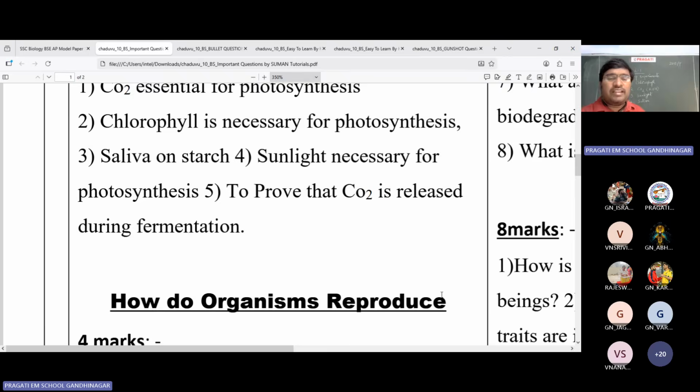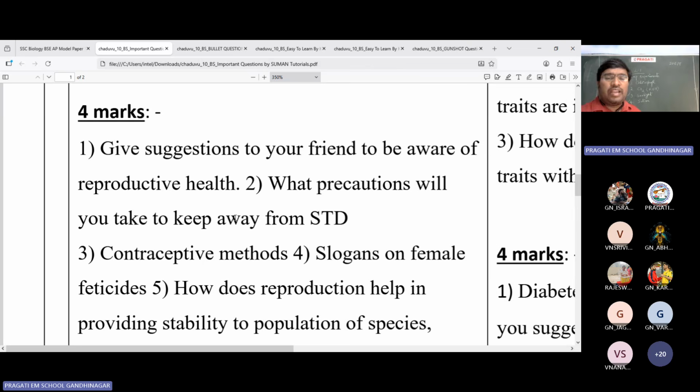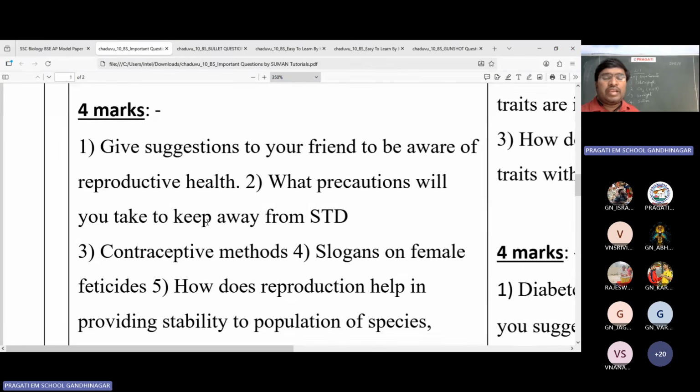Now, second topic, how do organisms reproduce? In my view, these are the important 4 mark questions. See, give suggestions to your friends to make them aware of reproductive health. Okay, and what precautions will you take to keep away from STD, sexually transmitted diseases?